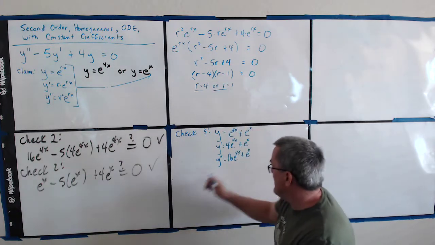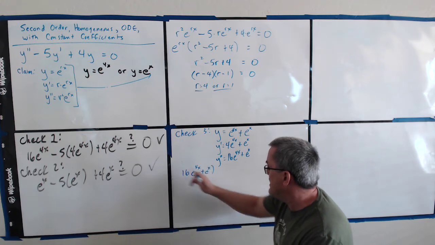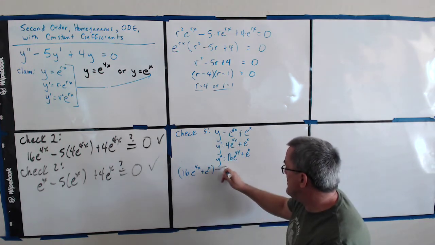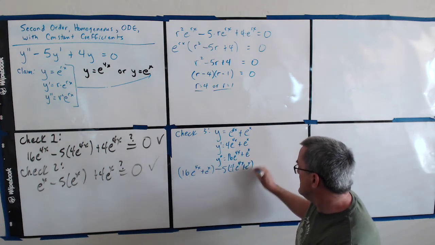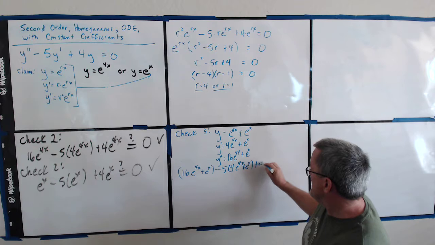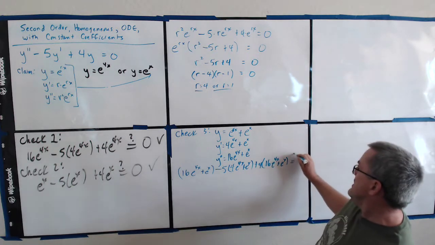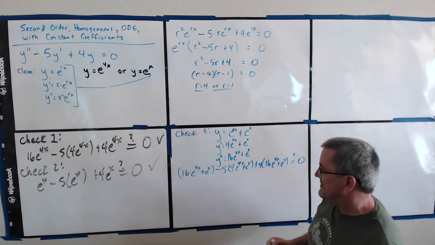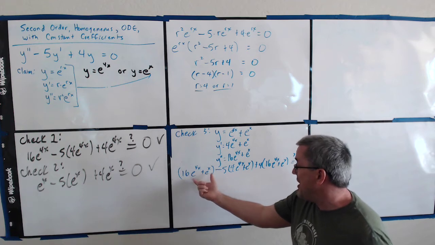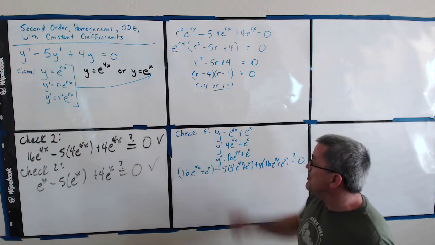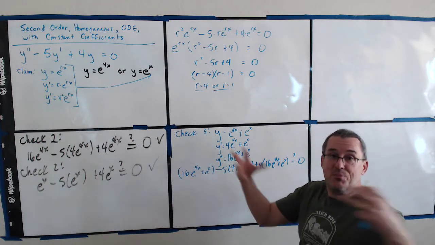The second derivative, 16e to the 4x plus e to the x, minus 5 times the first derivative, 4e to the 4x plus e to the x, plus 4 times the function itself, e to the 4x plus e to the x. Does it indeed make 0? Now, I hope what you'll see here is that because we made this sum of our two functions, we're really just doing the same thing we did back in check 1 and check 2, but just together.